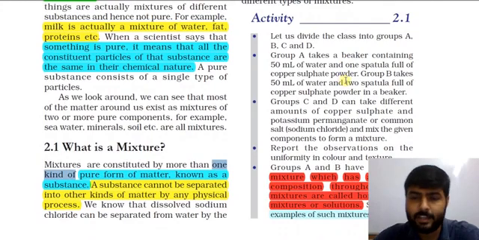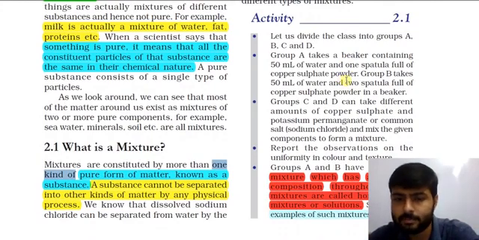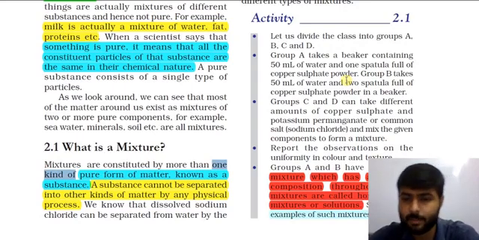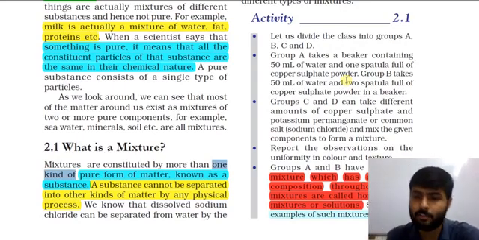We have activity number 2.1. In this activity, we divide a class into 4 groups called A, B, C, D, and we give certain substances or things to these groups. Group A takes a beaker containing 50 ml of water and a spatula full of copper sulfate powder.